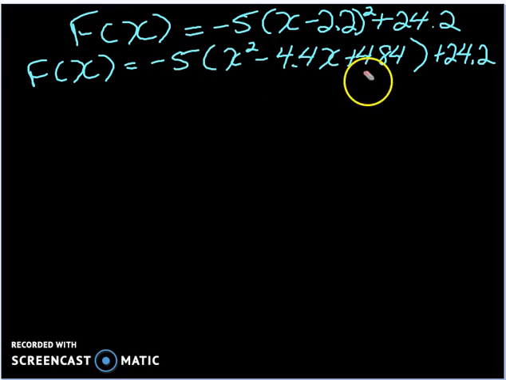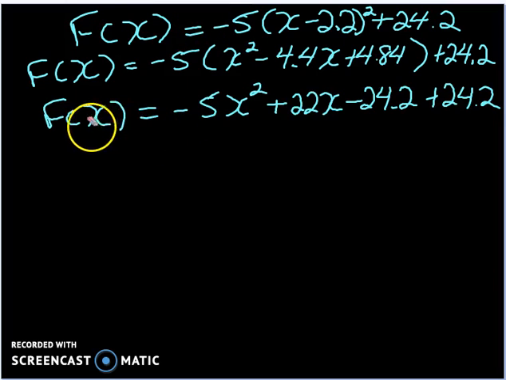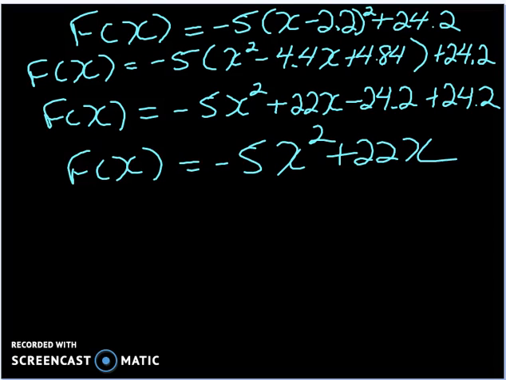So I'm going to multiply all three of these. Use the distributive property again. And I end up with f of x is equal to negative 5x squared plus 22x minus 24.2 plus 24.2. This makes 0. And my final function in standard form is f of x is equal to negative 5x squared plus 22x. That's it.